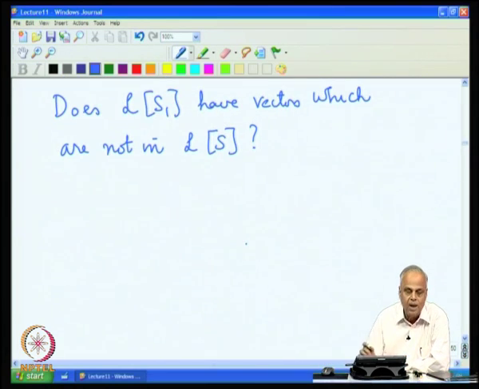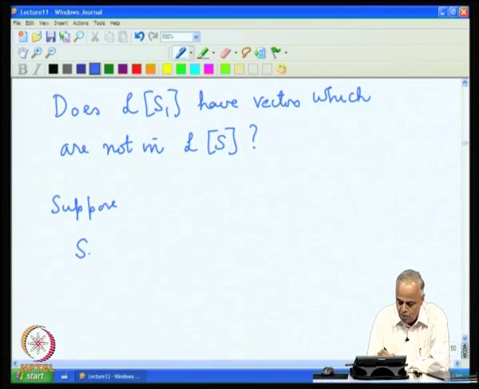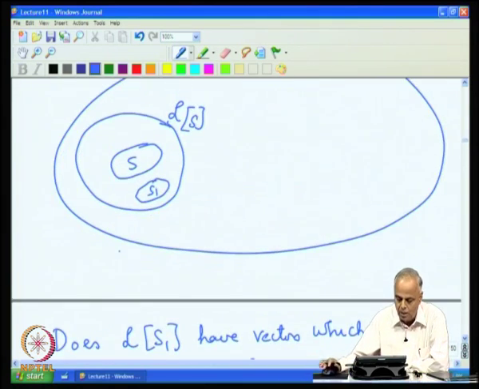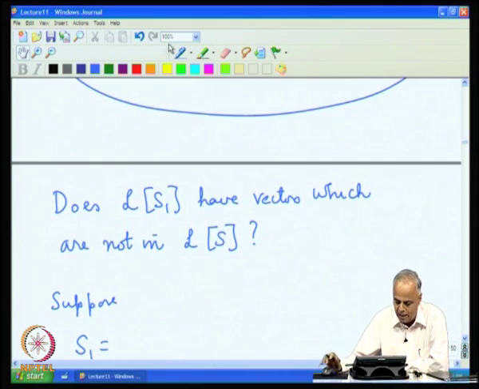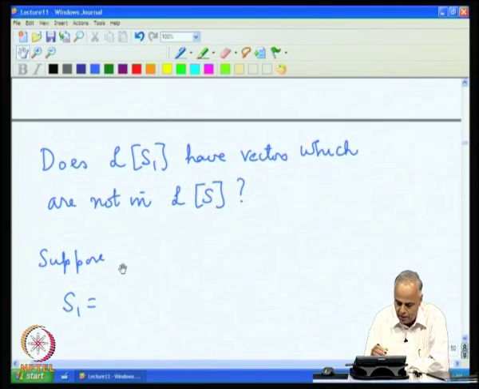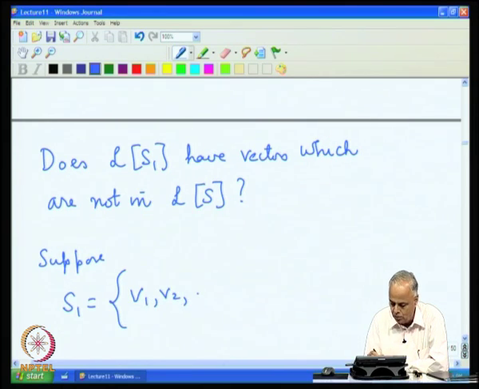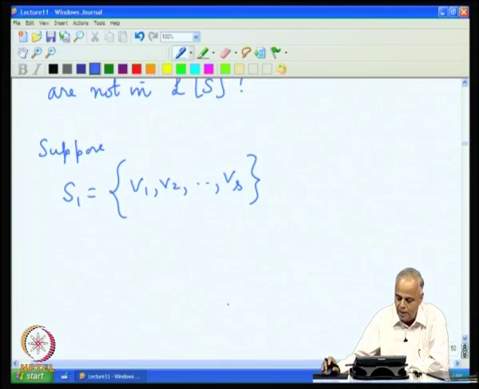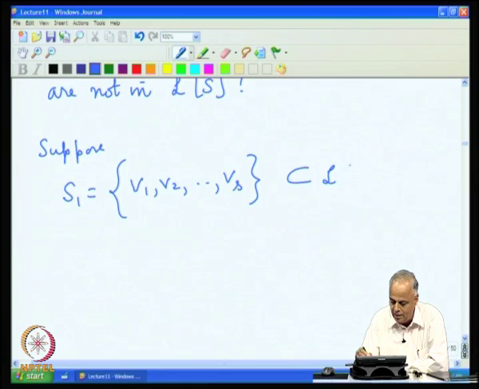Now, let us look at the answer to this question. Suppose S1, remember S1 is a finite set sitting inside LS. So, let us write that set, let us call it V1, V2, up to Vs. Now, we are trying to build things out of this.